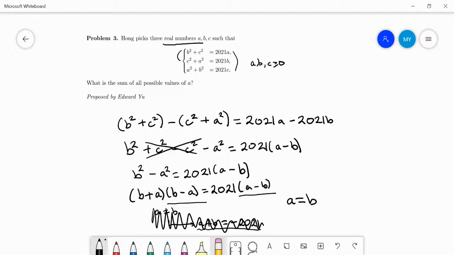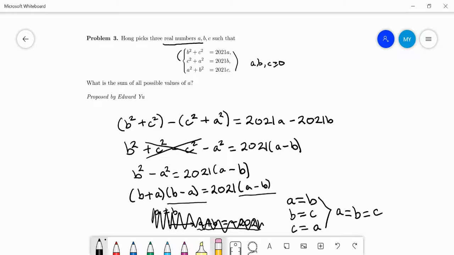This is great, because we can do the similar things for the other 2 pairs of equations. So from the first 2 equations, we just got a equals b, and similarly, we can get that b equals c and c equals a. And these 3 equations together tell us that a equals b equals c.